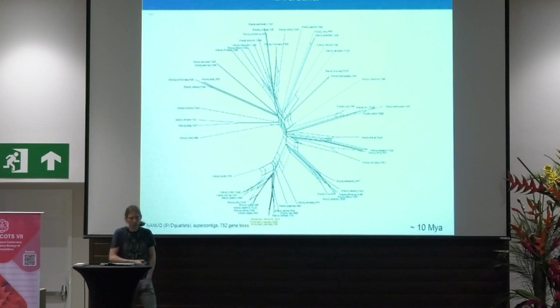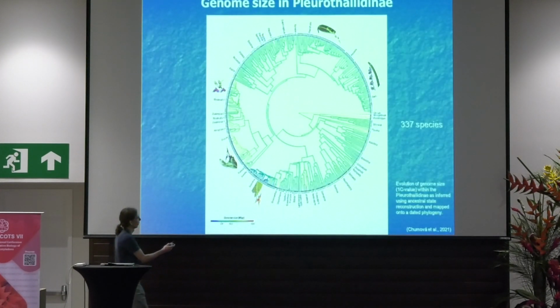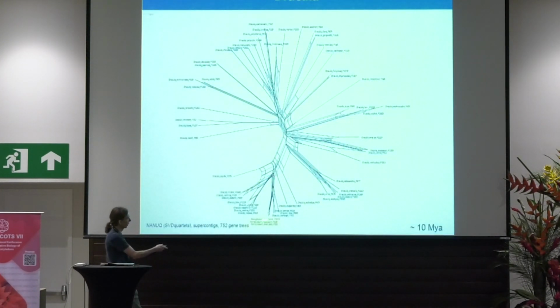This is not just an Astral species tree. This is from SVD quartets. Once again, you see that it is really a mess, and our data are not able to resolve these relationships. Here is the outgroup, so it's also strange to see it here.